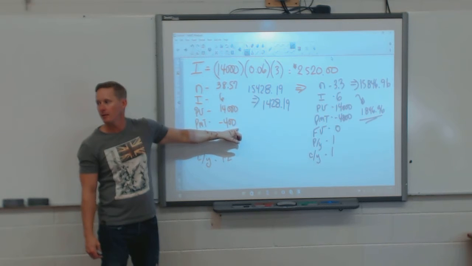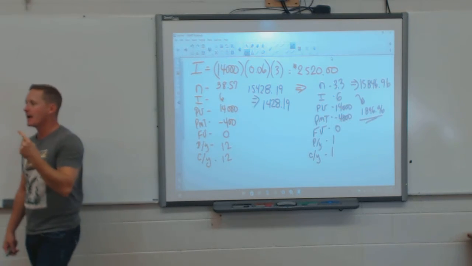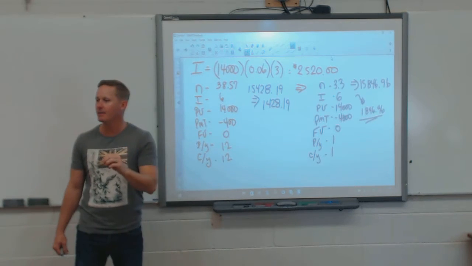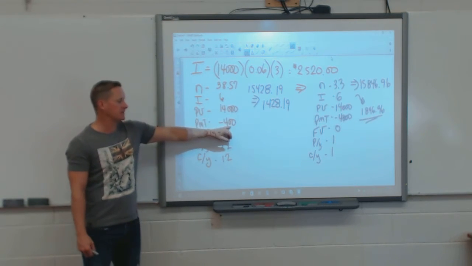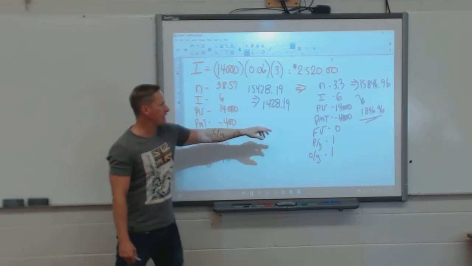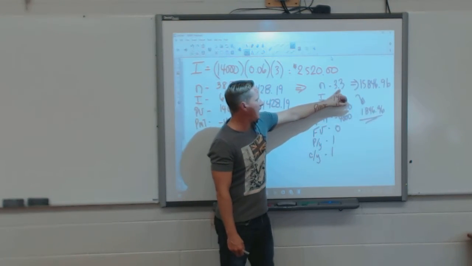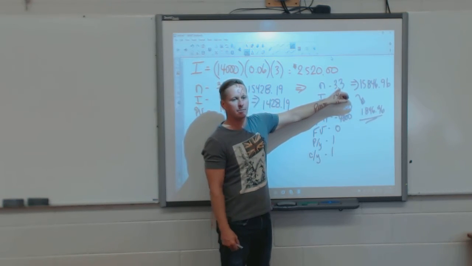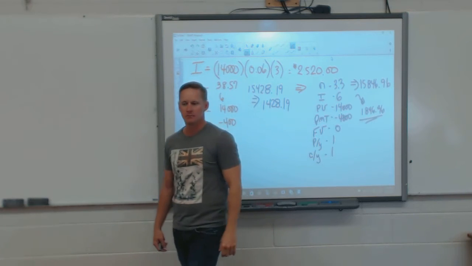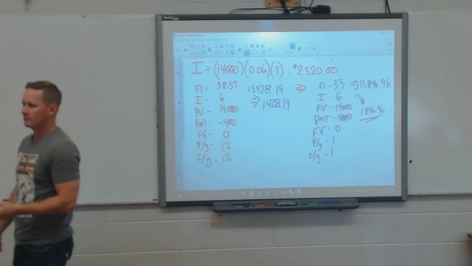So theoretically, I am paying it off in 39 payments, but my 39th payment is only 0.57 of 400. Does everybody understand that? And same thing over here. I'm going to pay it off in 4 payments, but my 4th payment is only going to be 0.3 of that amount. Does everybody get that?